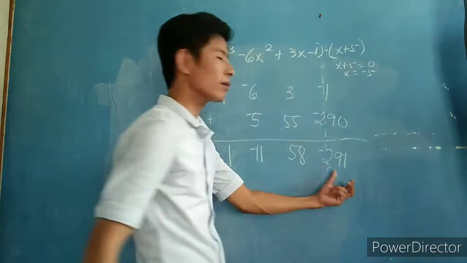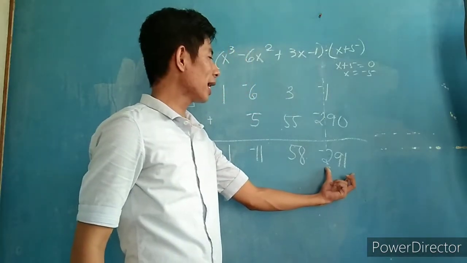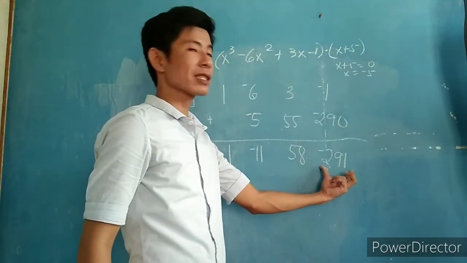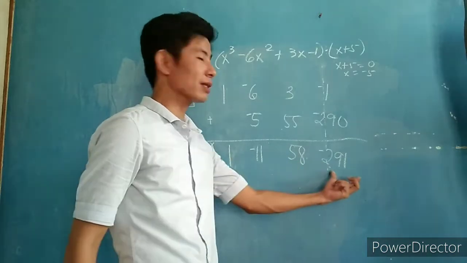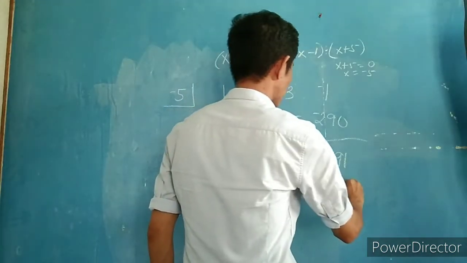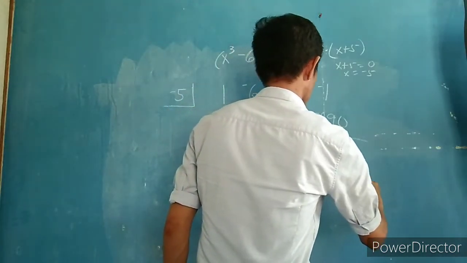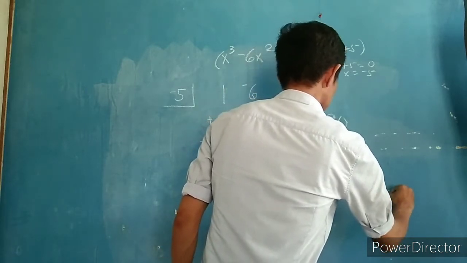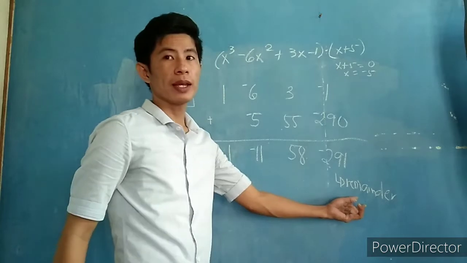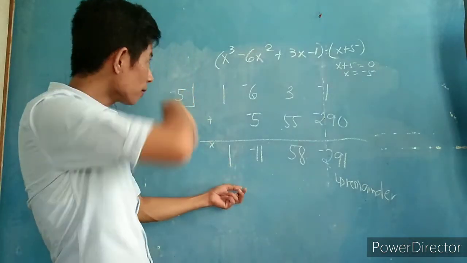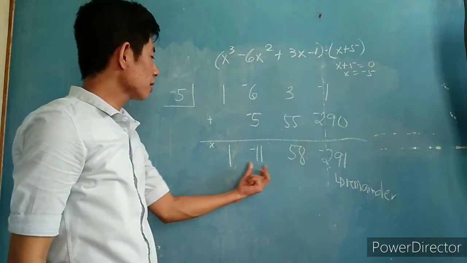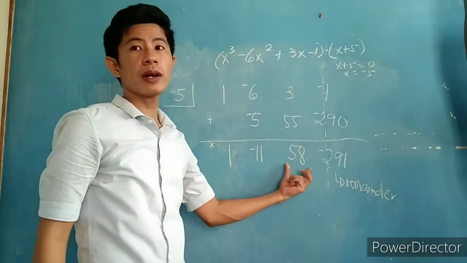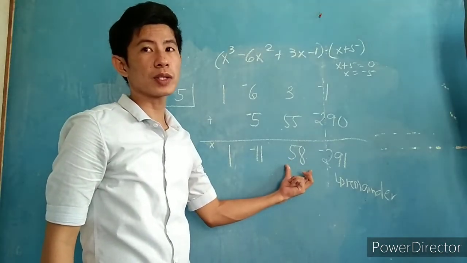291. Take note that this last number in our third row is the remainder of our quotient. So this is the remainder, and these numbers are the numerical coefficients of our quotient.